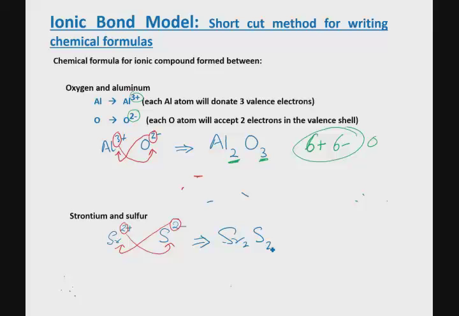Is this the final chemical formula? No, it's not. If you remember from the previous slide, we said that the subscripts in the chemical formula must give the lowest whole number ratio. This is not the lowest ratio. So when you encounter a situation like this, all you need to do is reduce the subscripts down to the lowest whole number ratio, and that gives you the correct answer.